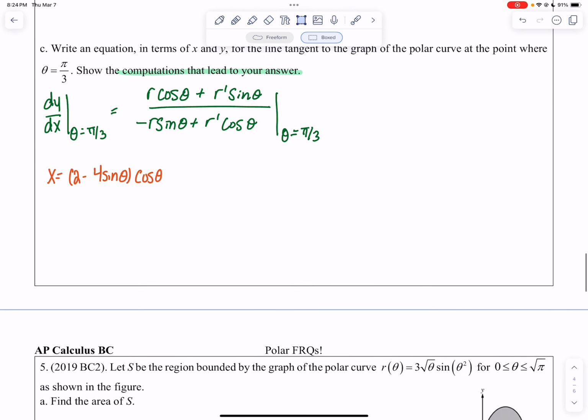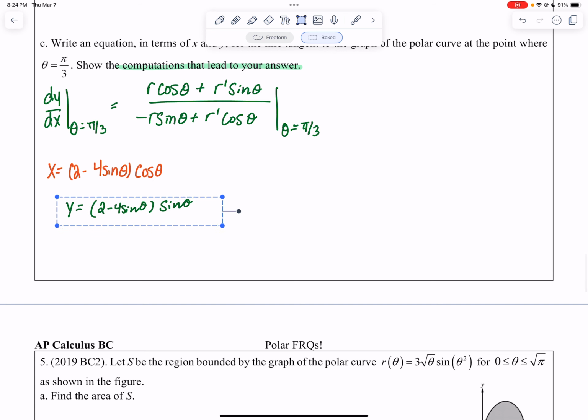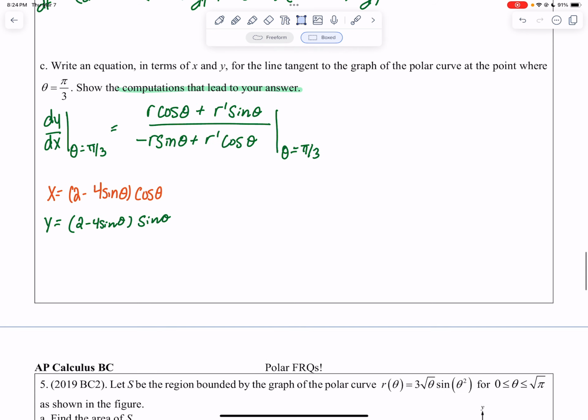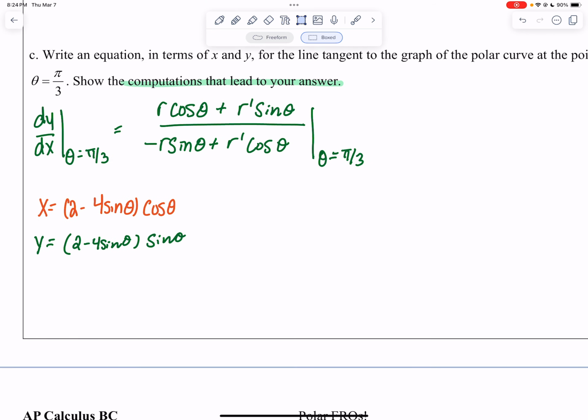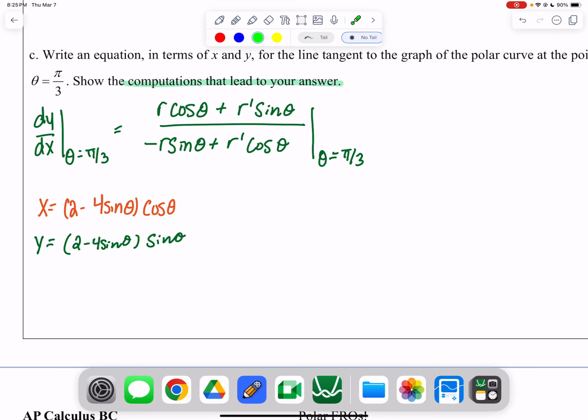So whenever it says show the computation, it just means show your work in terms of what you are plugging into the calculator. So here we have x, we have y, we have our slope. And remember that this has to be the derivative at pi over 3. So that's what I'm going to do now in my handy-dandy calculator.